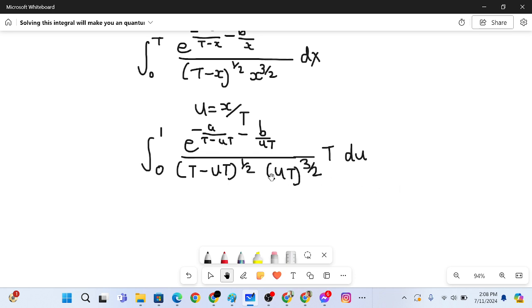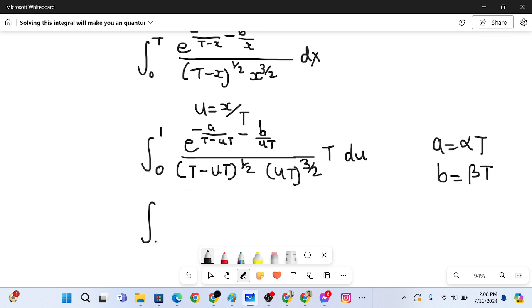Now to make this simpler so that the t vanishes, let me say that a is alpha times t, and b is beta times t. If I say that, I can substitute alpha and beta and the t cancels out.